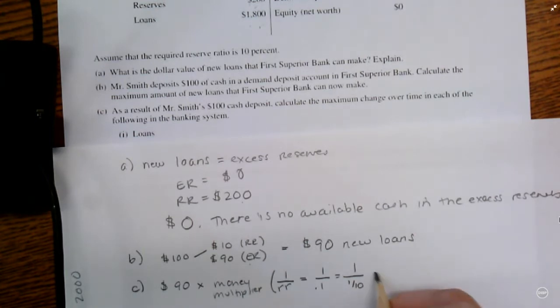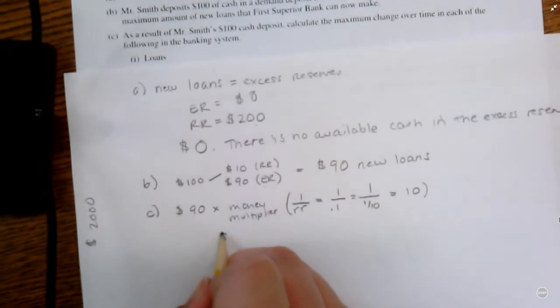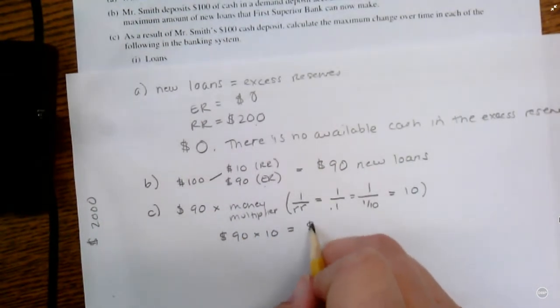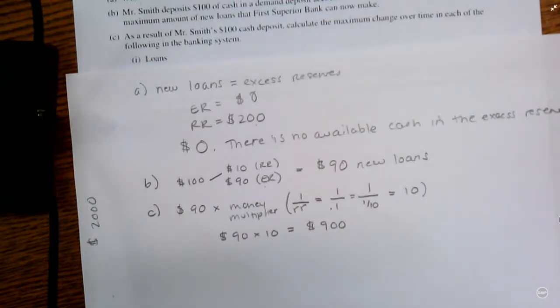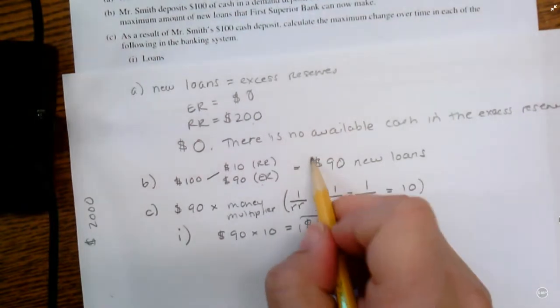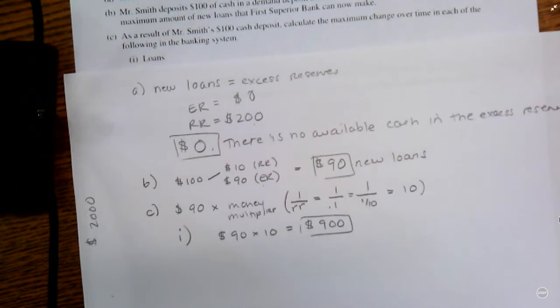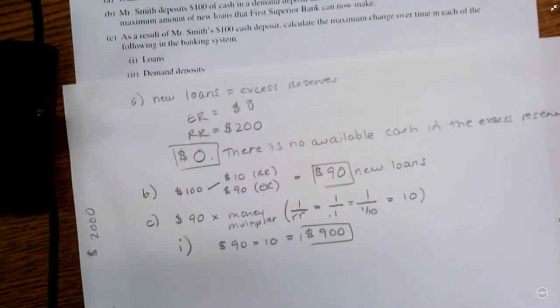We multiply by the reciprocal. The money multiplier is 10. So 90 times 10, pretty easy math, is $900. I think, yes, this was part 1 of that question: $900 of new money in the banking system. Okay? What's the next part of this?